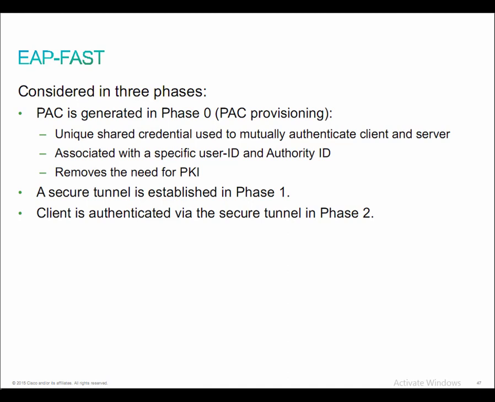Then we move on to Phase 2, which is the third phase. The RADIUS server authenticates the user's credentials with another extensible authentication protocol process, which is protected by the TLS tunnel that was created in Phase 1. And this is a very common method of authentication. In fact, the most common method of authentication is either a password or some sort of token. A lot of people use tokens.